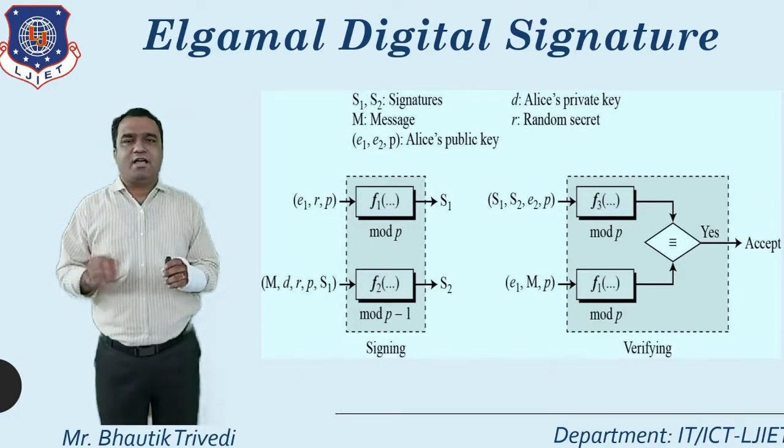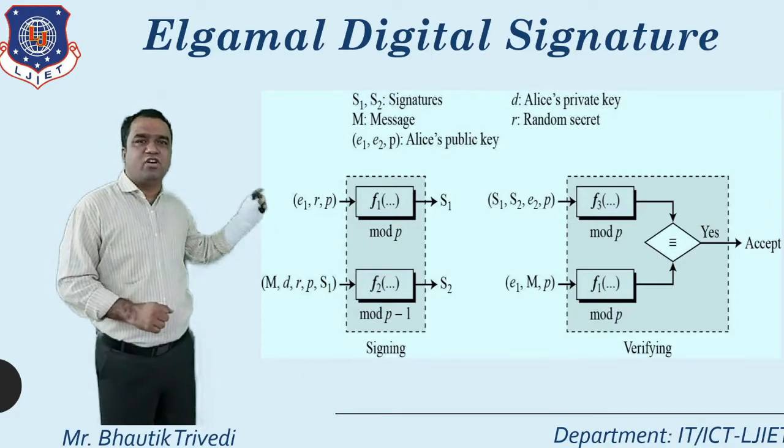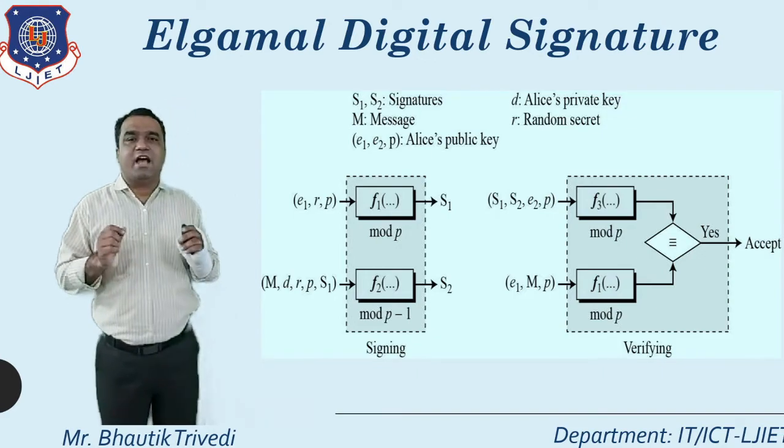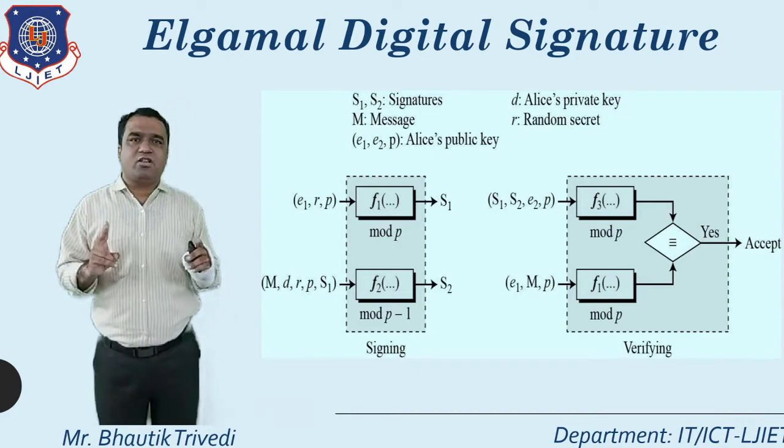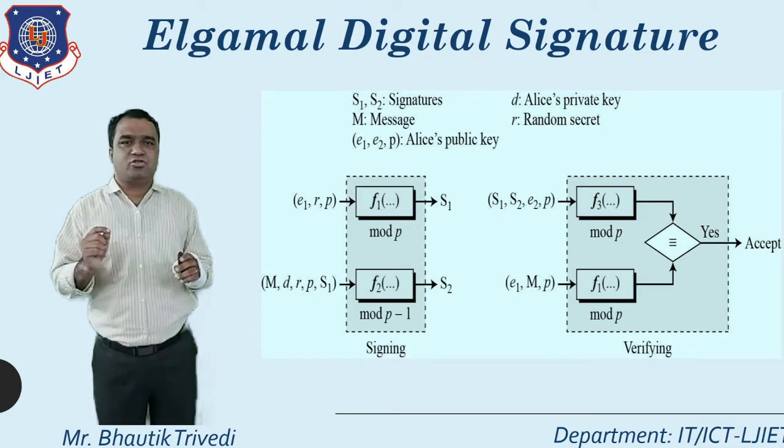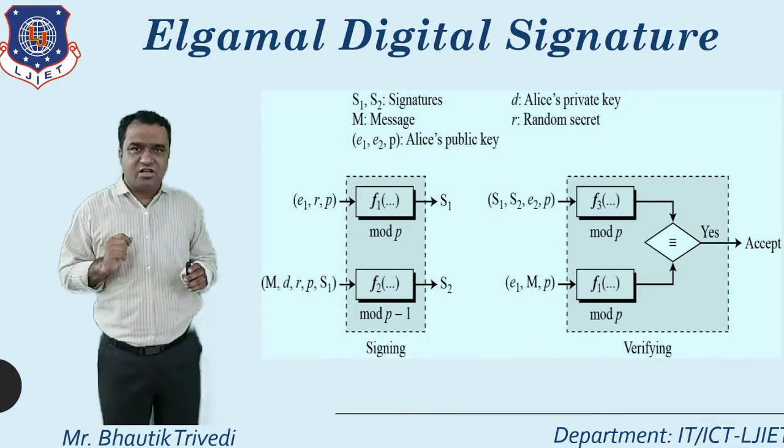Whenever you apply input to function F1, it generates S1. Remember that S1 and S2 are treated as the signature.